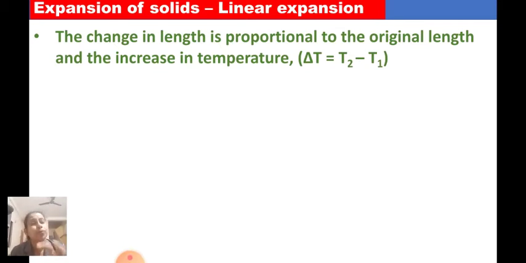The change in the length will always depend upon the original length of the solid substance. How much original length you have taken, also along with that how much temperature you are giving. That means the change in the temperature, or increase in the temperature, you have learned, is denoted by a triangle symbol.